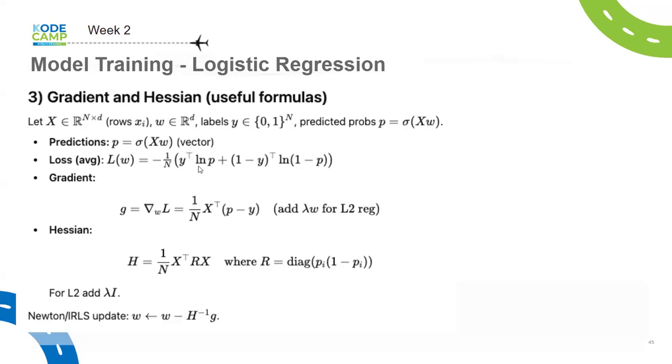This is when the true value is 1, plus (1 minus y) transpose ln(1 minus p), which is for when the actual or true value is 0. So this is a loss function. We just looked at it. The gradient is actually, interestingly, the same formula we use to calculate the gradient in linear regression.